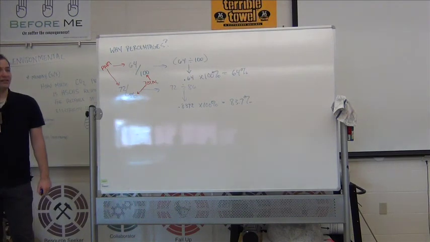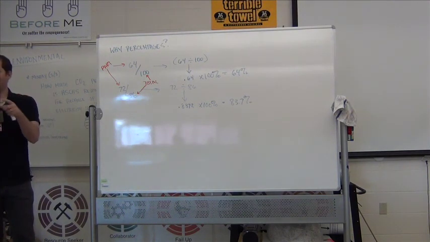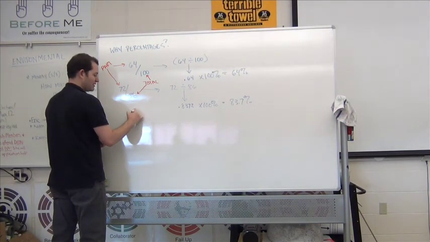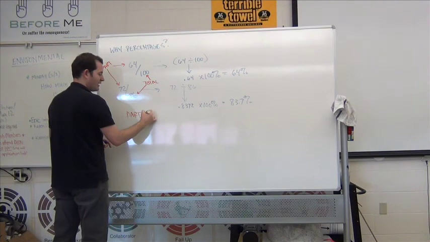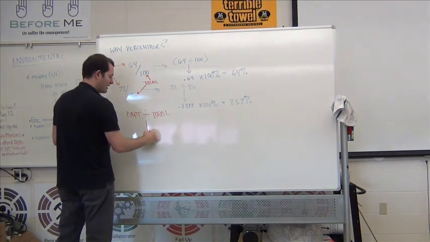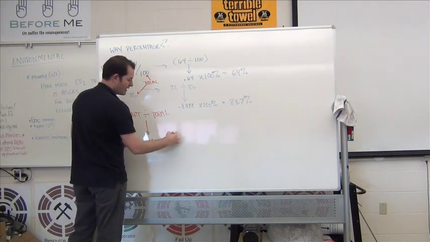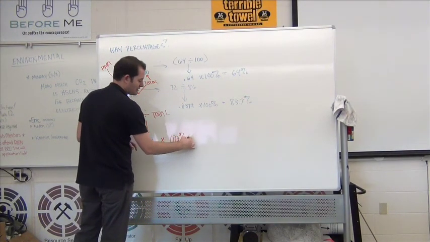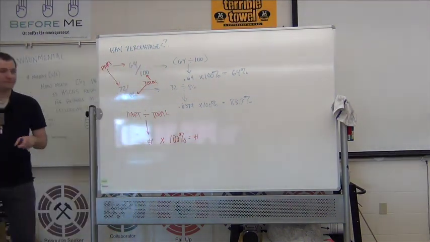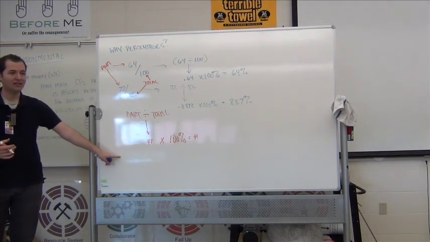In every situation, we take the part, divide it by the total, and we get some response, and then we multiply that by 100%. That equals our answer, right? Does that make sense? That's the basic steps that we have to take.